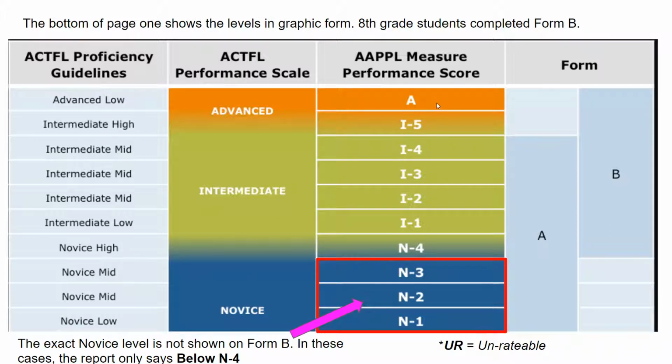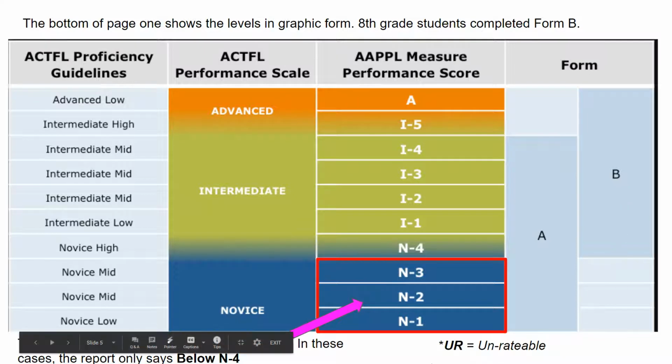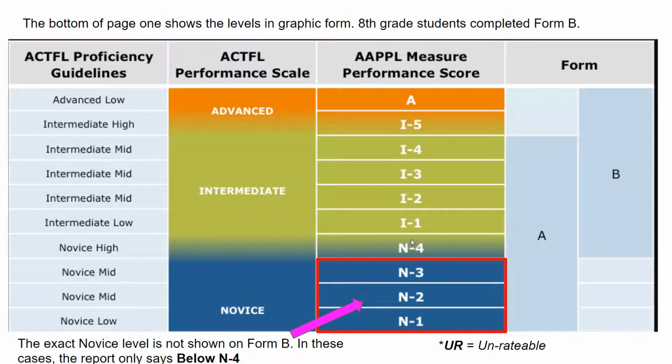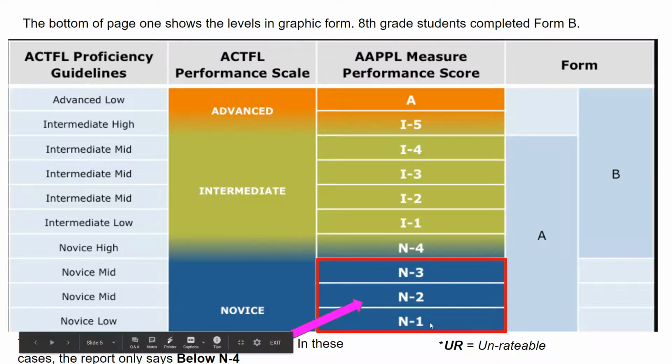One thing to note, on the eighth grade forms, where students would take Form B, sometimes if a student is a beginner in the language, they may receive a message on their form that says below N4. This means that the student scored below N4, receiving what could be an N1, N2, or N3 level.